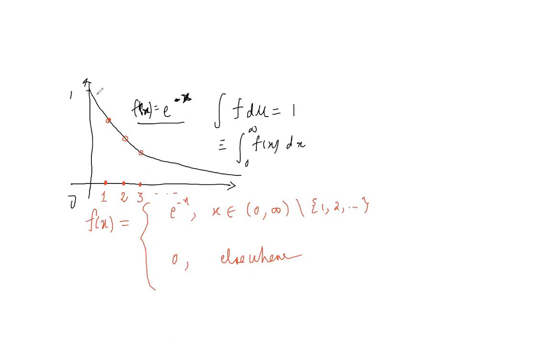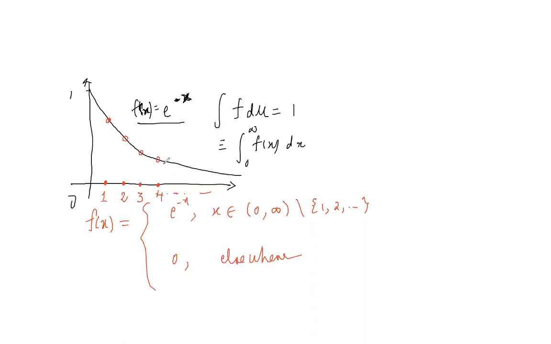So this function has got a lot of holes, but you can still sketch this function, because the holes are not as many as the case of the rational numbers that you have.